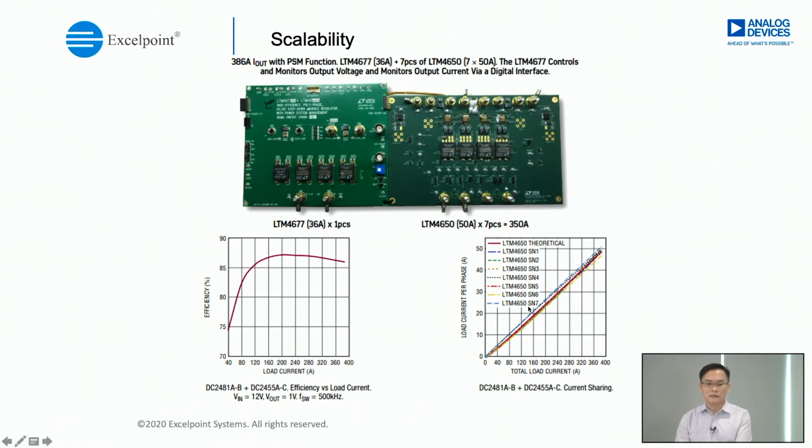You can see that when we combine the number of outputs together, the current sharing is very linear, and this allows you to connect them in parallel to deliver higher current. And also with this, the efficiency you can see from here is very much optimized, and very good for your system.